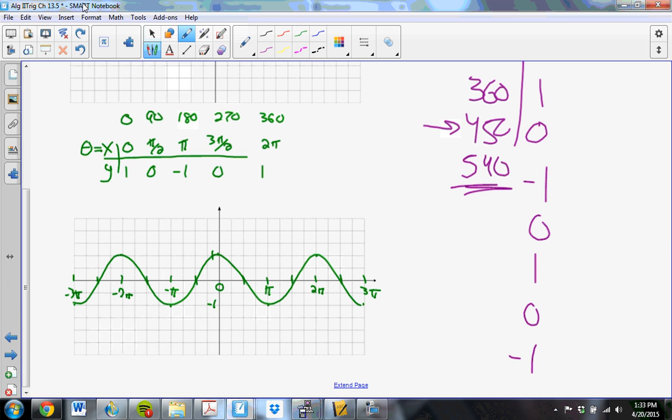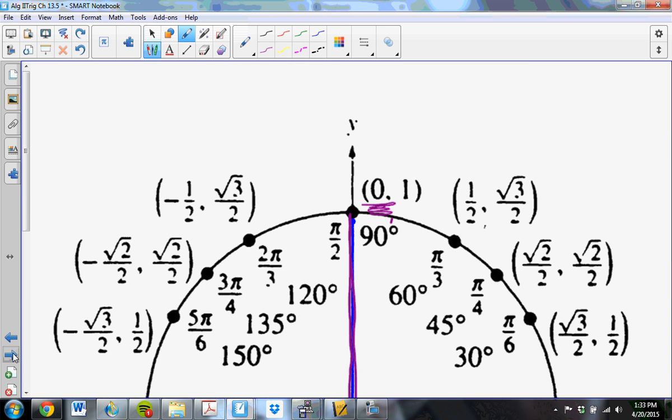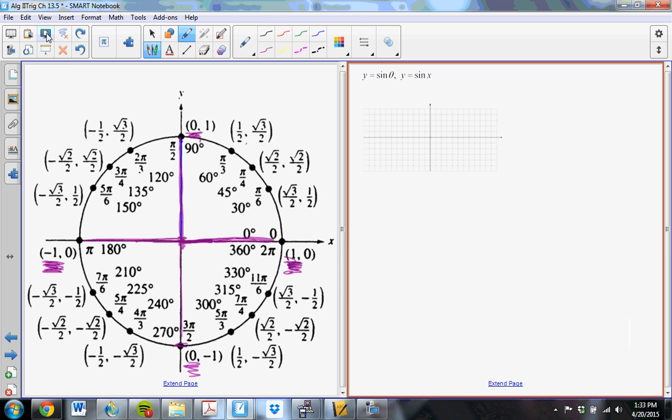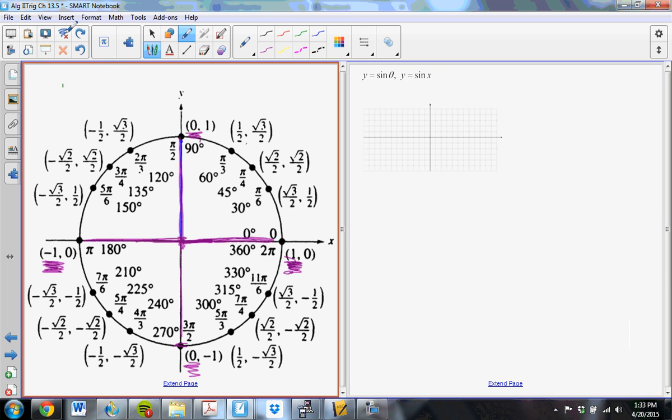Let's talk about sine now. Sine is actually easier to understand, I think, because you're dealing with vertical distances as opposed to horizontal distances. So I'll go back to my split screen here. Now with sine, you're looking at y values, not x values. So you're looking at the heights of things, looking at all these y values as you go around.